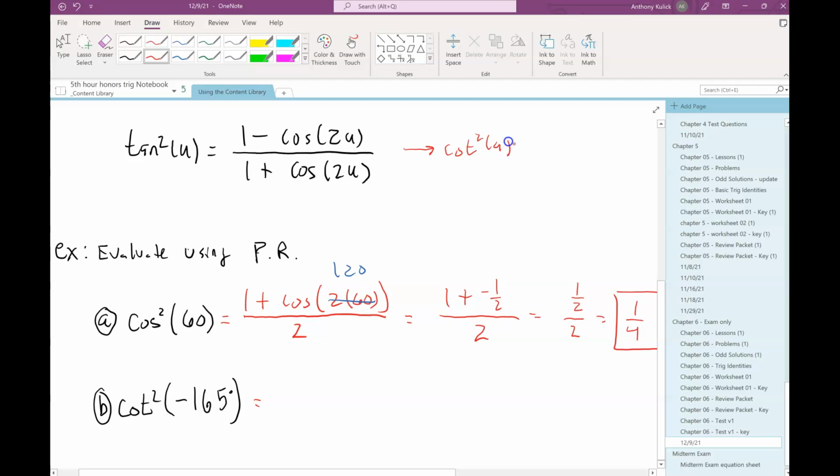We're just going to do the reciprocal of the tangent one. Since I know tangent and cotangent are reciprocals, cotangent squared u should just be the reciprocal of tangent squared u. No big deal. Everybody okay with that notion? Okay, so we go ahead and plug our things in.